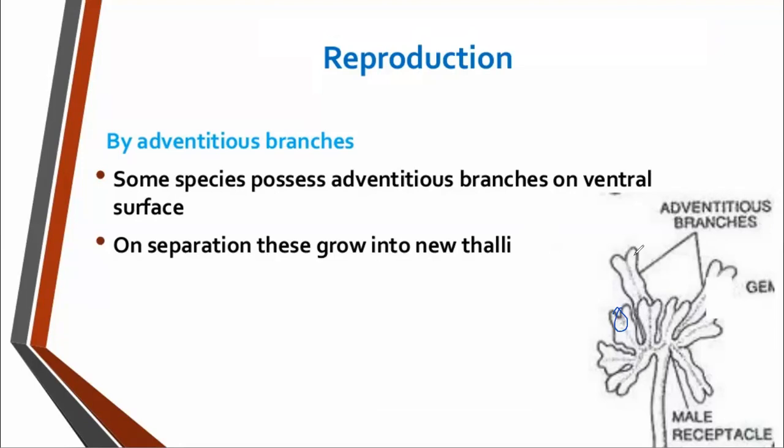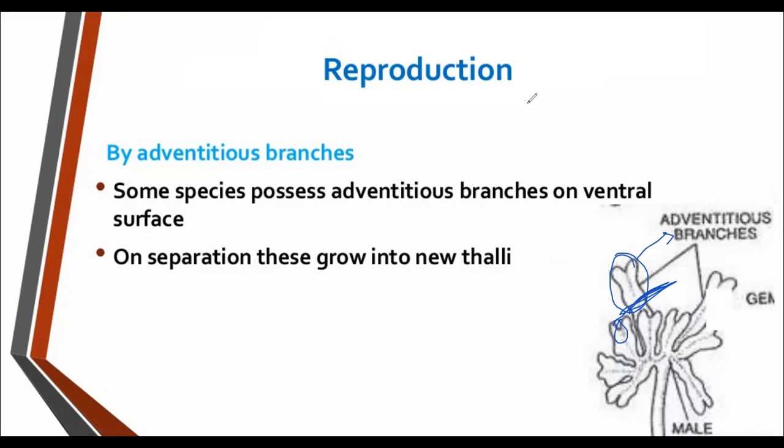This new branching which arises from the ventral region of the thallus is called adventitious branching. These adventitious branches get separated because of various activities, and each separated branch develops into a new plant. So this is the second type of vegetative reproduction.